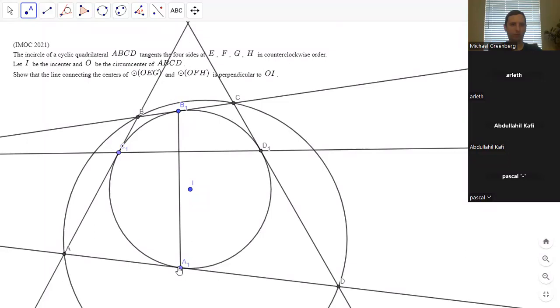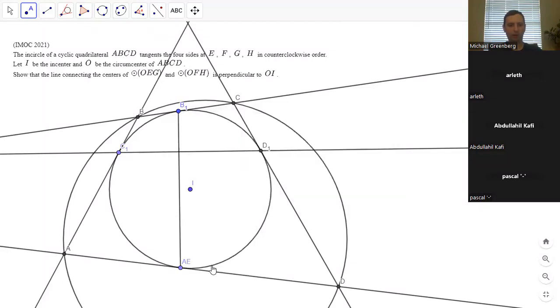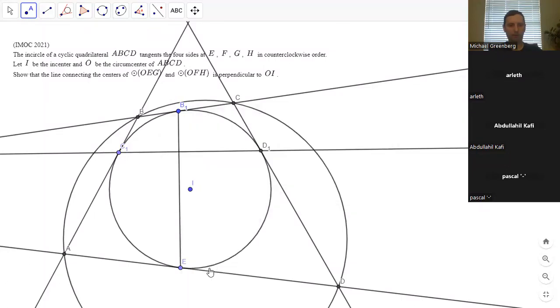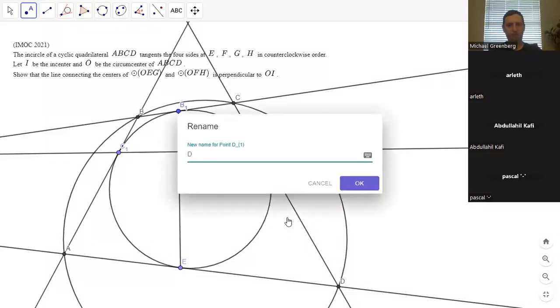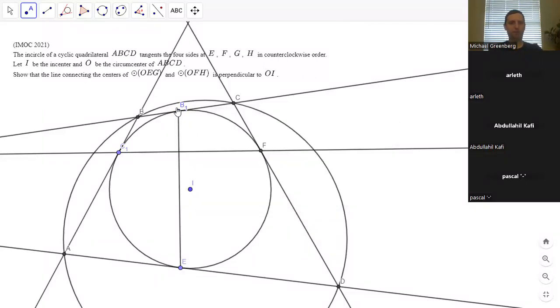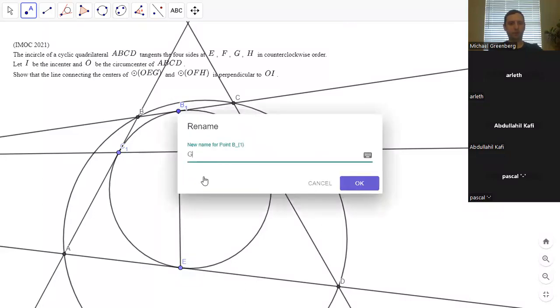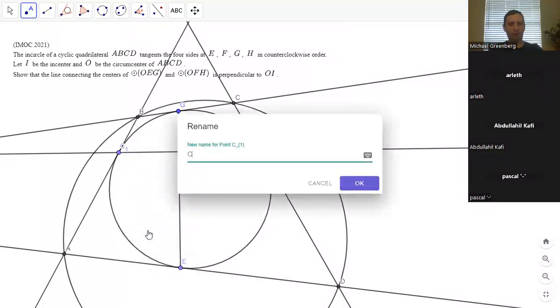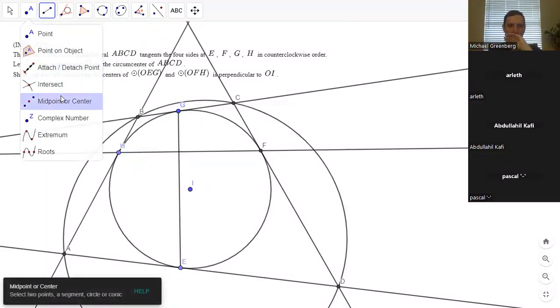So let's say E, whoops, not A, E, F, G, H, and then let O be the center of that.